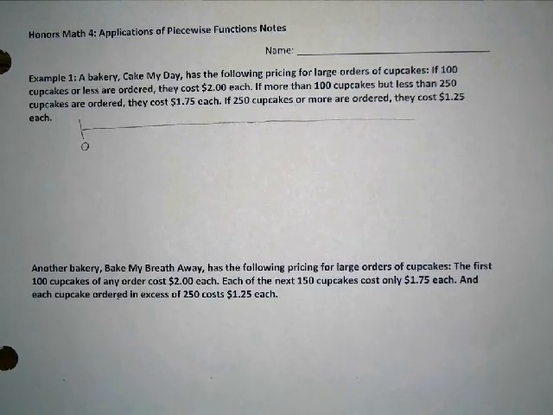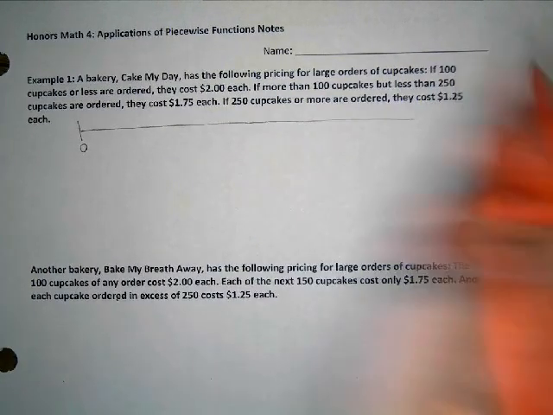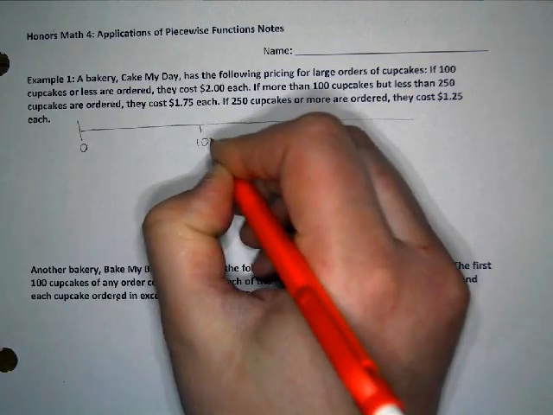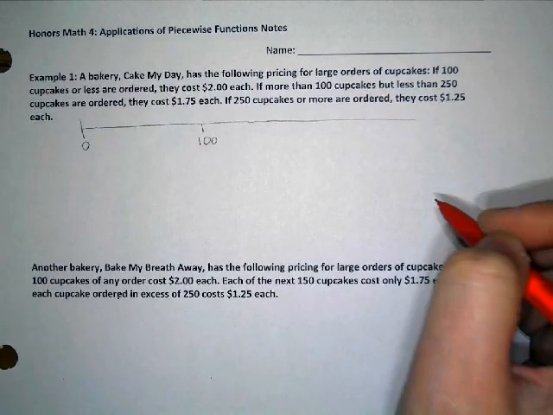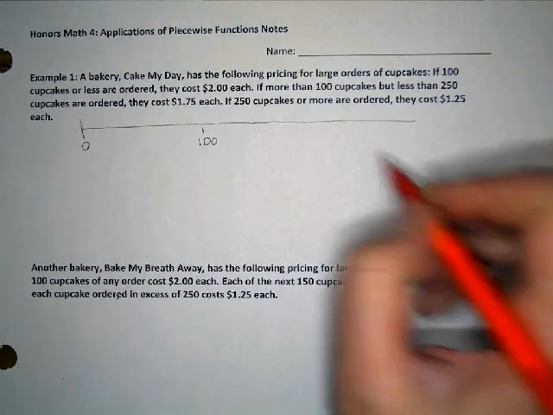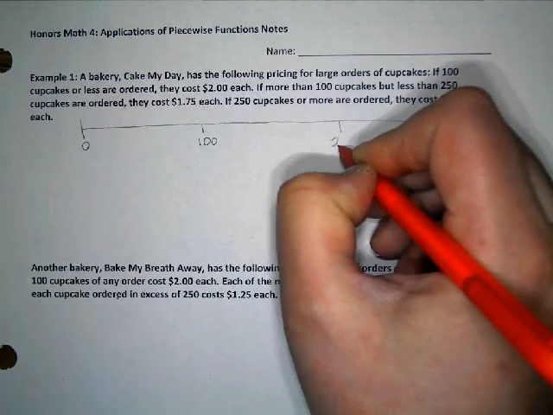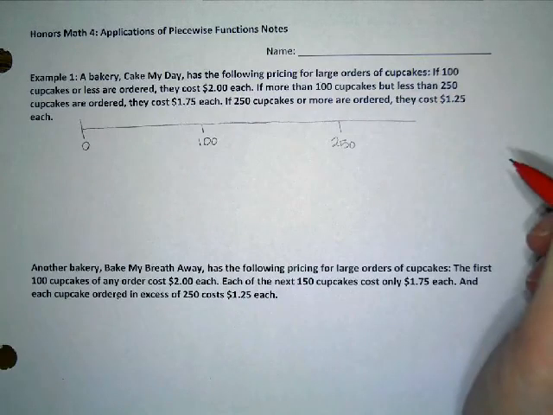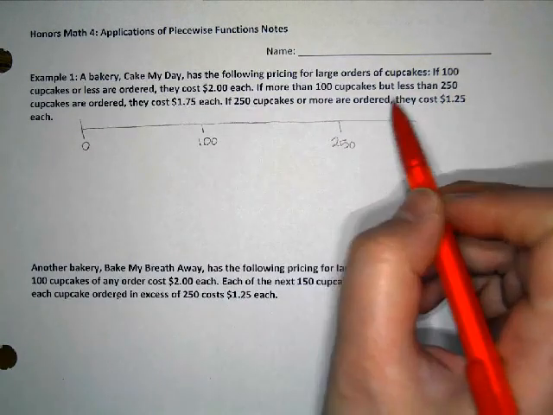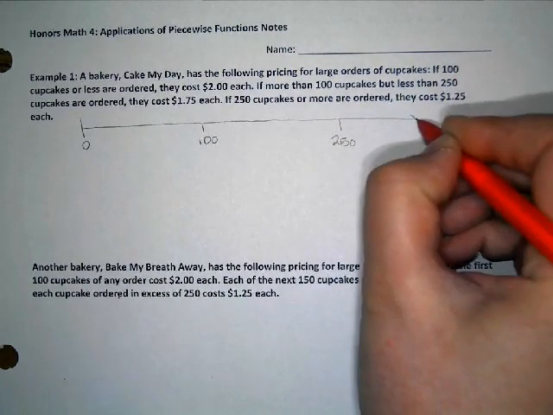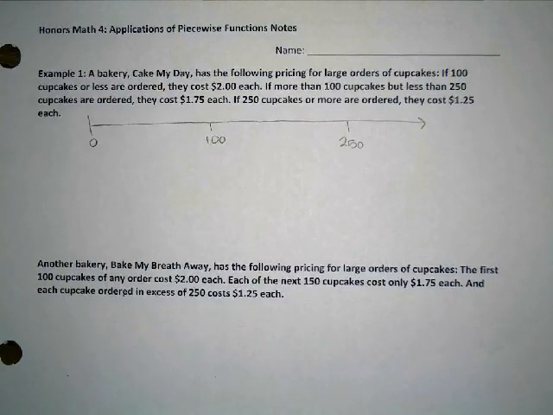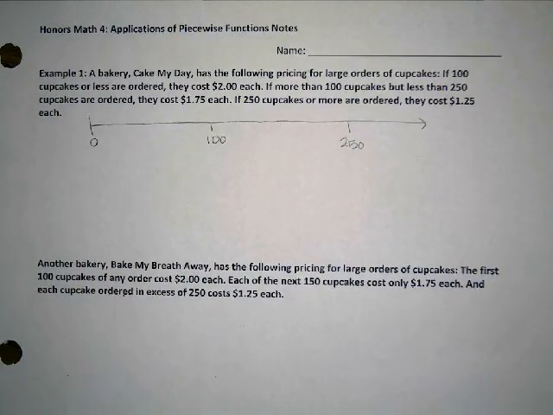So the first piece, way that they could break up the numbers is 100. So I'm going to break it up with 100. And then the next number they break it up with is more than 100 but less than 250. So 250 is the next piece that they break it up with. And then it says 250 or more. So I'm just going to put an arrow here because it doesn't really go to infinity. You can't have infinity cupcakes, but they didn't stop it at a specific number.